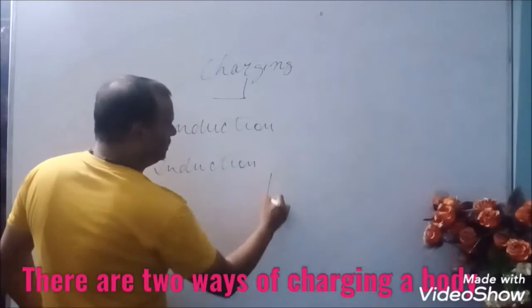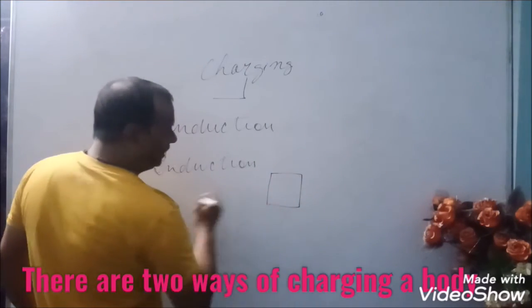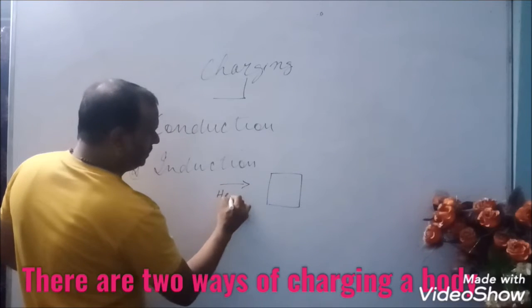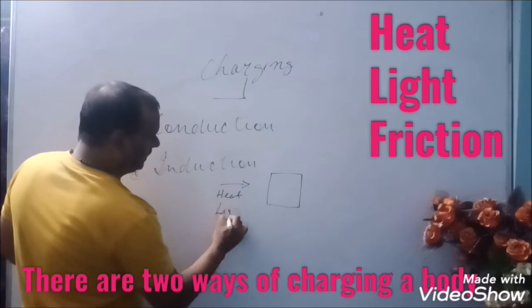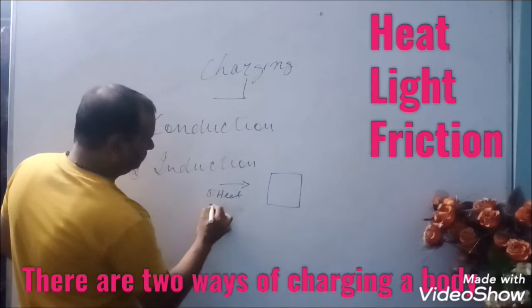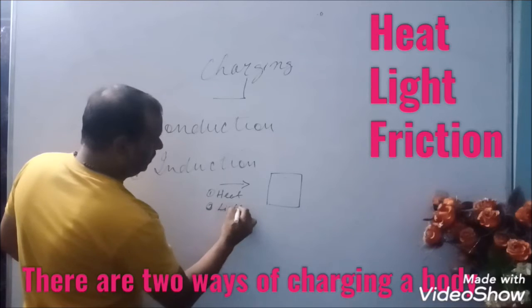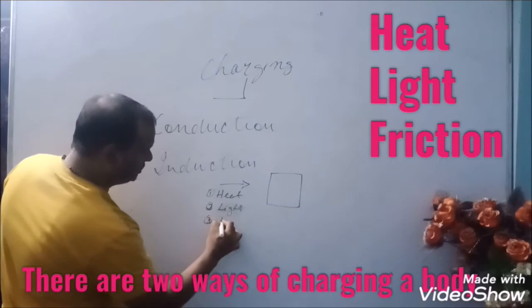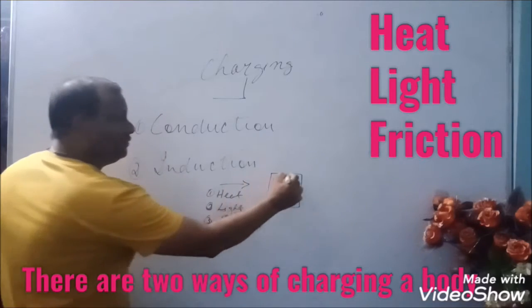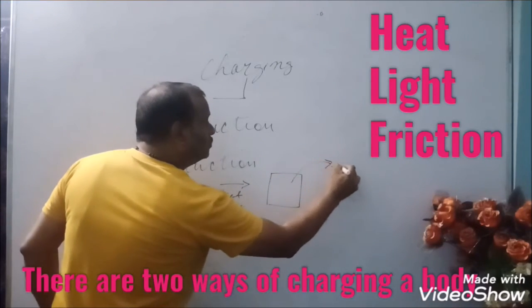Suppose I take a particular body and, because of the application of heat, light, or friction, one electron moves out.